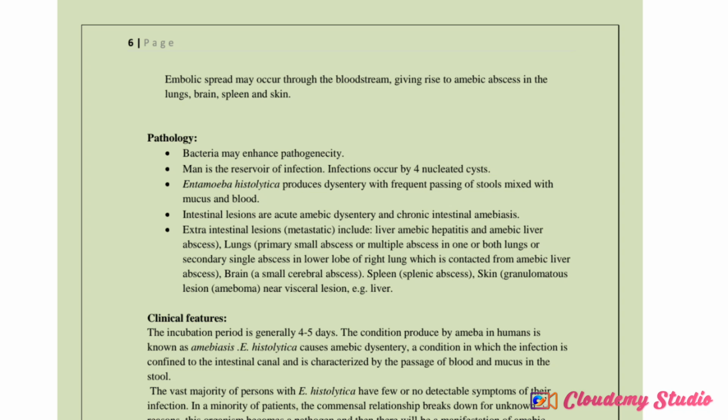The liver is the hepatic organ, and the other one infects other organs, like the brain, to cause cerebral abscesses, the skin, to cause amoeboma, and it can infect the penis, the kidney, the spleen, the male and female genitals and the pericardium. These are the things that they can infect.